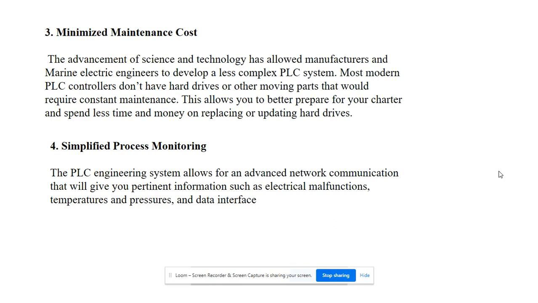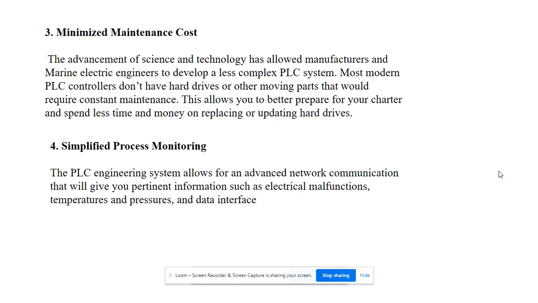The advancement of science and technology has allowed manufacturers and marine electrical engineers to develop less complex programmable logic systems. Most modern PLC controllers don't have hard drives or other moving parts that would require constant maintenance. So PLCs help you to minimize your maintenance cost.